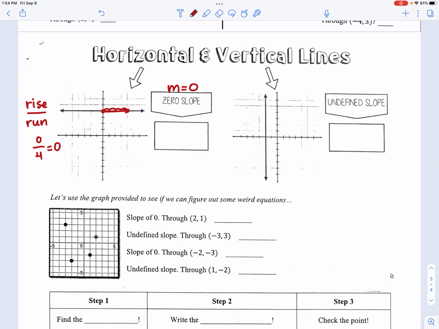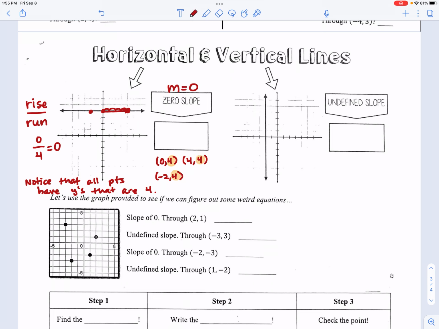If I actually plot some points, so let's say I use this 0, 4, and then this one was 4, 4. Let's say I pick -2, 4. You should see a pattern here. Notice that all points have y's that are 4. 4, 4, 4.